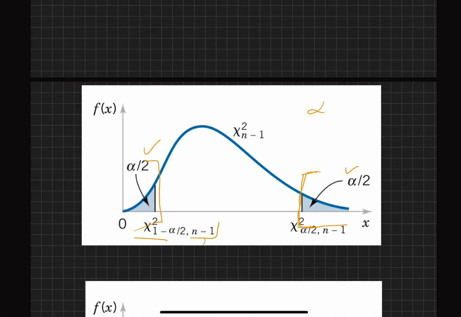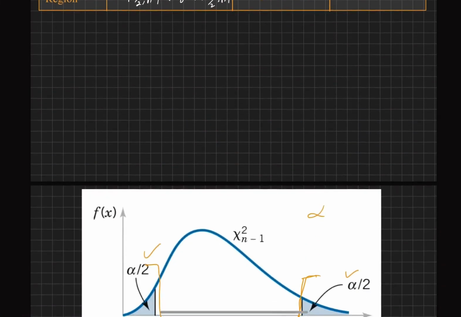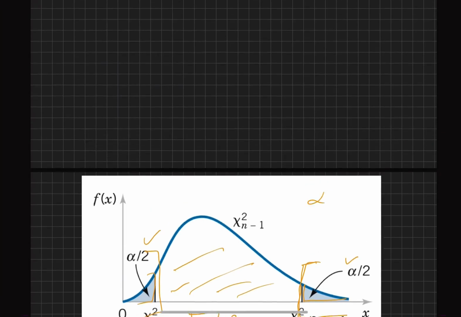Here we call n minus 1 the degree of freedom, and usually this n minus 1 is denoted with the notation small letter v. So we have critical region or the rejection region. The region between the critical regions, we call it as the acceptance region. That is, this white shaded region is the acceptance region. This light blue color shaded region is the rejection region.